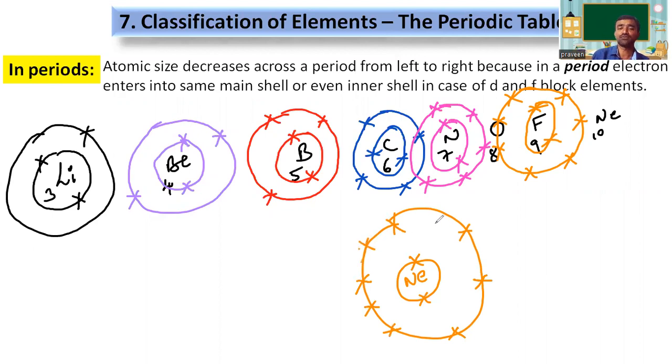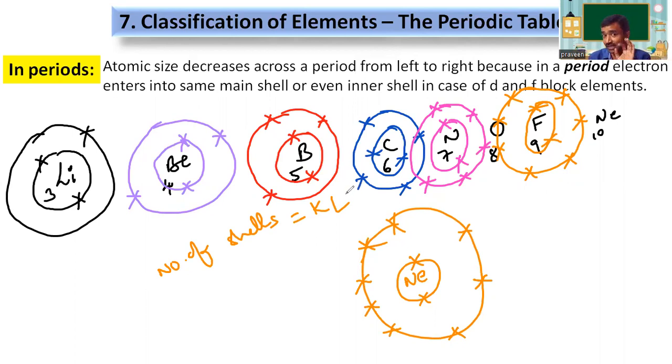Look at what is commonly observed in this. The number of shells is the same. Is there any change in the number of shells? No. K shell and L shell. Within the same period, you are distributing the electrons into the same shell.